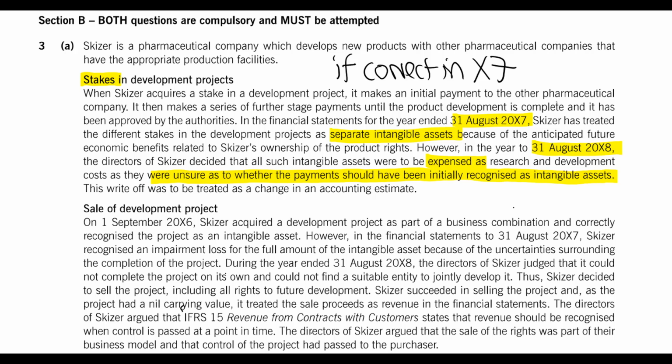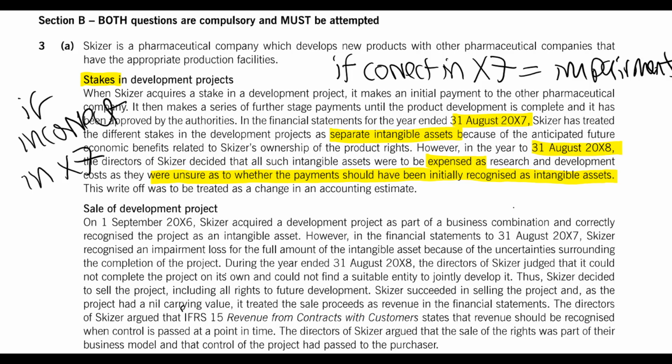And if we were correct, what we now realize is that we can't recover anything from that asset. So instead of it being a change in an accounting estimate, because we can't recover anything from this asset, what we should be doing is an impairment review. This is all about impairment. This is all about IAS 36 if we were correct last year.